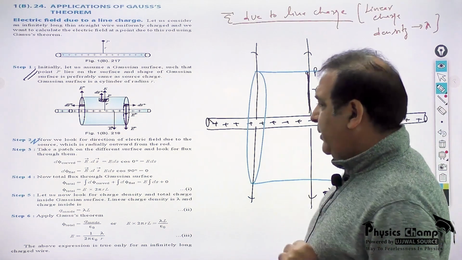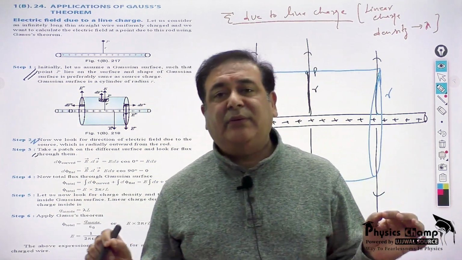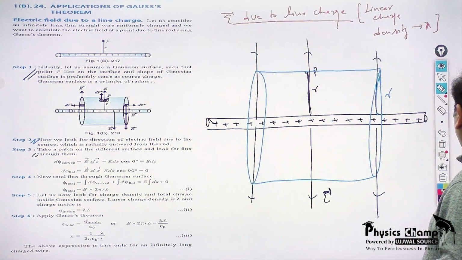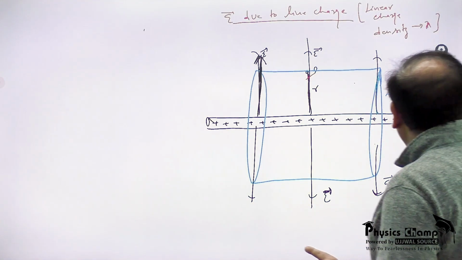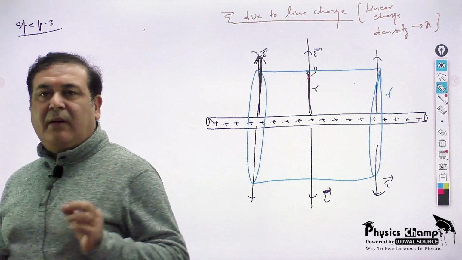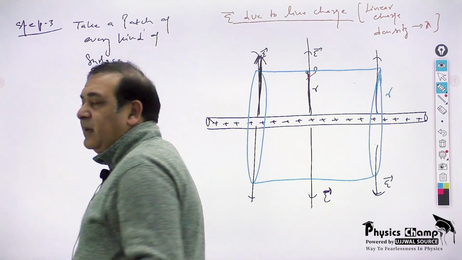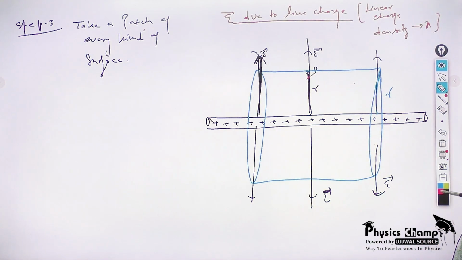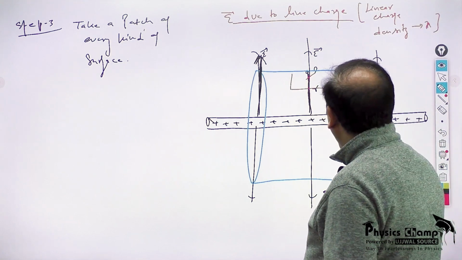Now third point, take a patch on every kind of surface. So step 3 is take a patch on every kind of surface. Now just imagine how many kinds of surfaces can you see in this arrangement. So I would help you.